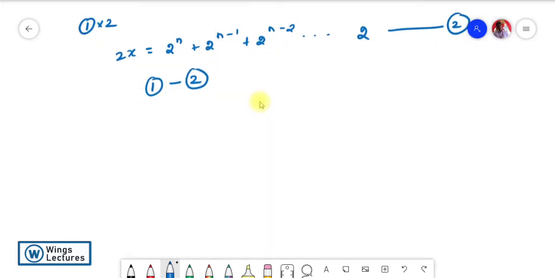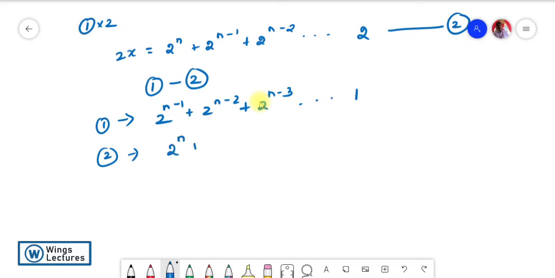Equation 1 is 2 power n minus 1 plus 2 power n minus 2 plus 2 power n minus 3, it will go on like this, and equation 2 which we have obtained is 2 power n plus 2 power n minus 1 plus 2 power n minus 2 plus 2 power n minus 3. It will go on up to 2, right?